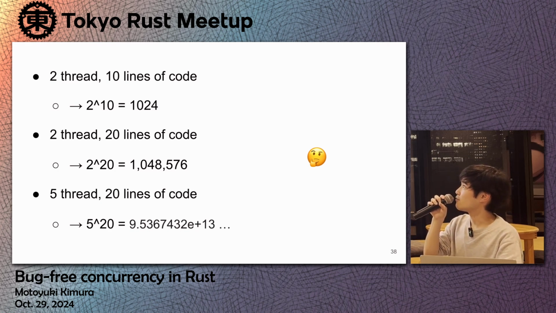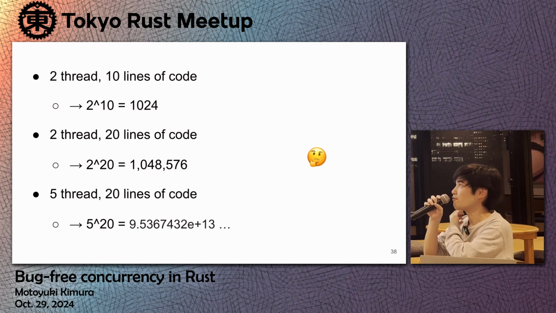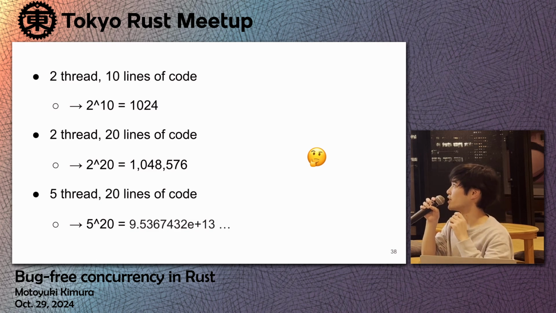So let's say we have 10 lines of code and a 2 thread program, and if we apply the previous method to this program, probably we have to run the program 1,024 times, because for each line of code we consider whether the threads will switch or not. So if we increase the lines of code, the cases we have to explore are gonna be a very big number.